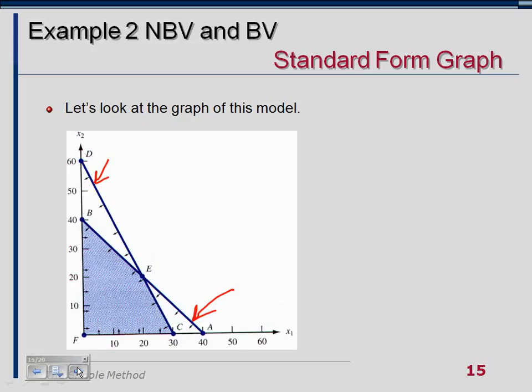So the intersection of these two regions would be right here. If we look at all the points of interest, A crosses the x-axis, B crosses the y-axis, C crosses the x-axis, D crosses the y-axis, E is where the two cross, and F is where the origin is. So we've really got 1, 2, 3, 4, 5, 6 real points of interest. Okay?